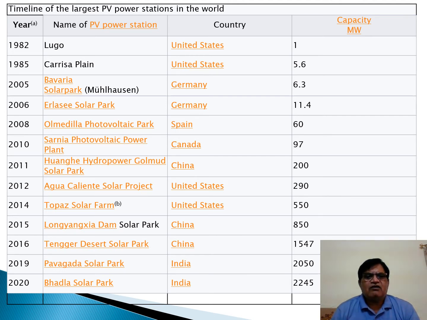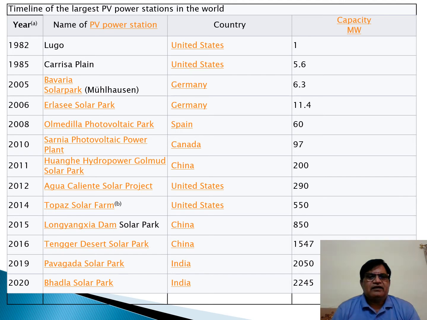Then Topaz Solar Farm photovoltaic power plant, having capacity of 550 megawatt in the year 2014, became the largest at that time. And then again China in the year 2015 was able to establish a power plant with a capacity of 850 megawatt.